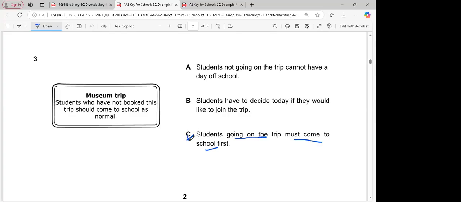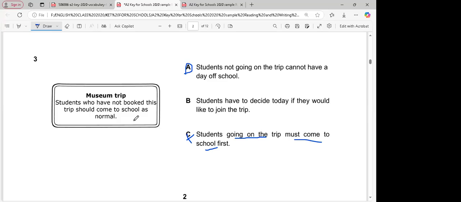You got it, Linaya? Yes. Then what is the answer, A or B? B. No. A. Yes, correct. A is the answer. Why is B not the answer? Students have to decide. It's not like any decision.